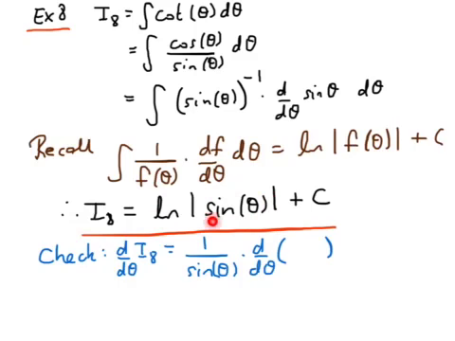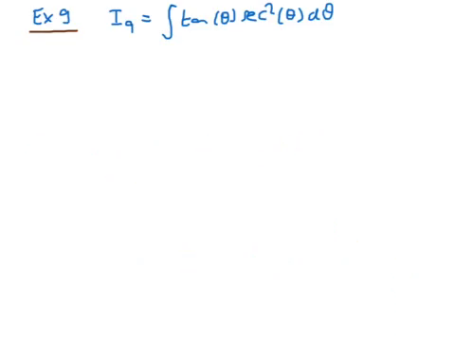So here we have sine of theta. This is the cosine of theta, so we have the cosine of theta divided by the sine of theta, so this is indeed the cotangent of theta and we realise that we have correctly calculated the integral. So with that we can move on to the next exercise.